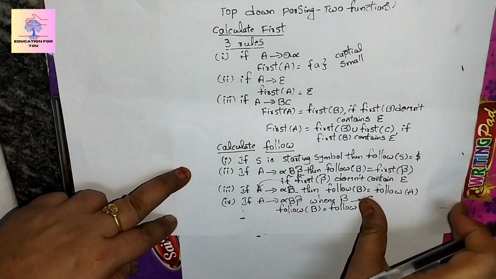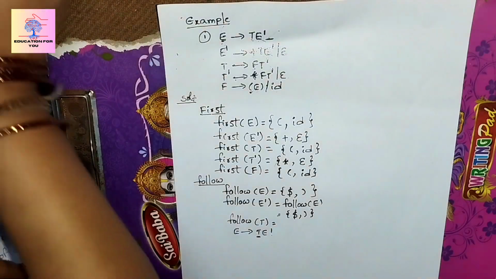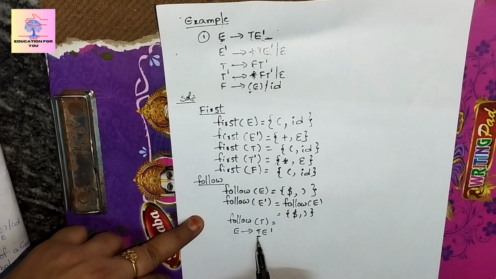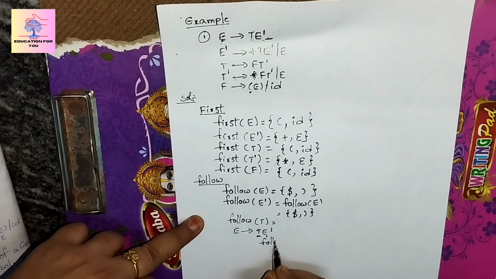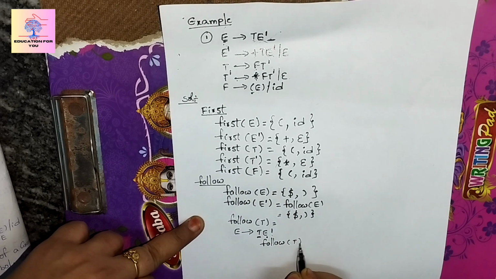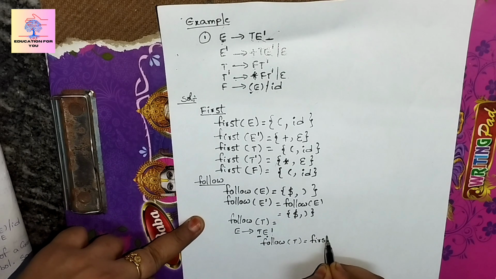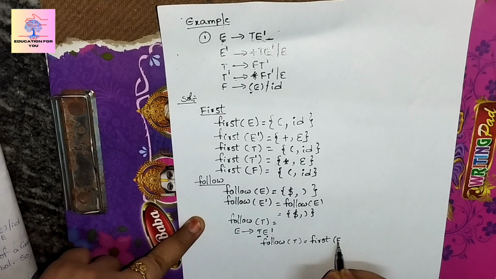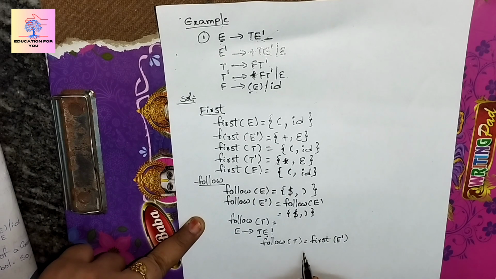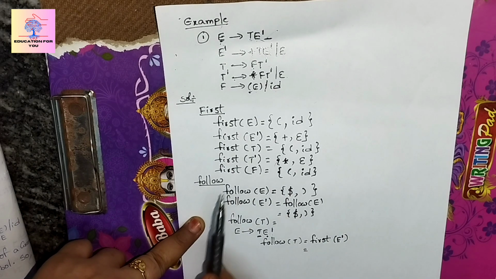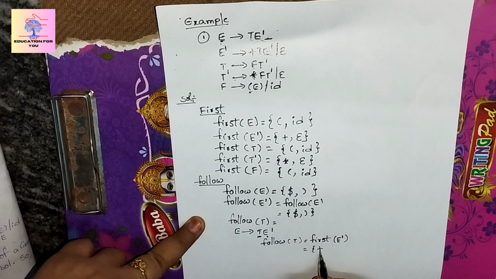Okay. So here also, after the T, E dash is there. So at that time, follow of T can become as first of E dash. Okay. So what is the first of E dash? You already calculated here. That is plus comma epsilon.